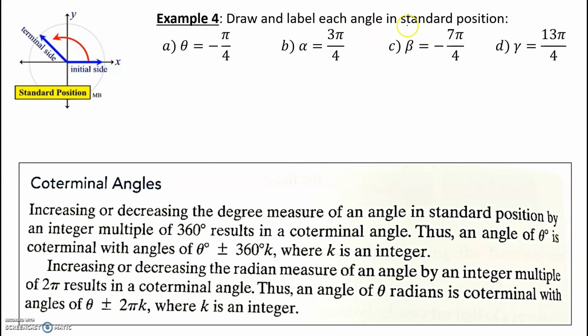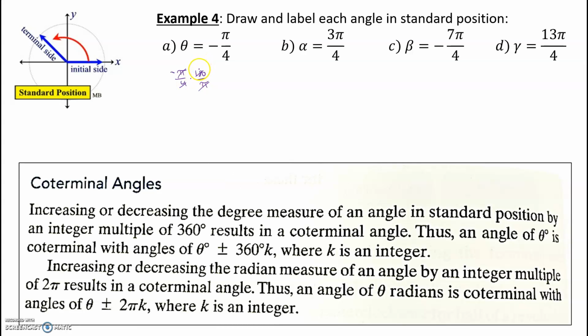The next one says draw, so they want you to realize where these are located. To be honest, my advice is to convert it to degrees. You work way better with degrees. We understand degrees. So I would take this and say negative pi over 4 times 180 over pi. And I would cancel and divide by 4.